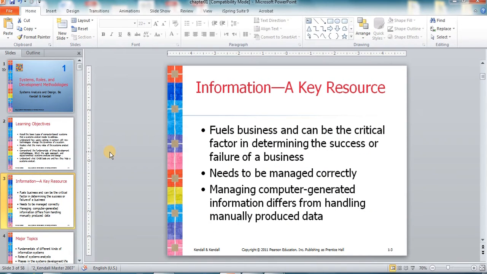So the main thing that a software engineer will consider very important for his work is the information that he or she collects and uses in designing, developing, and implementing certain software. So information is a key resource.